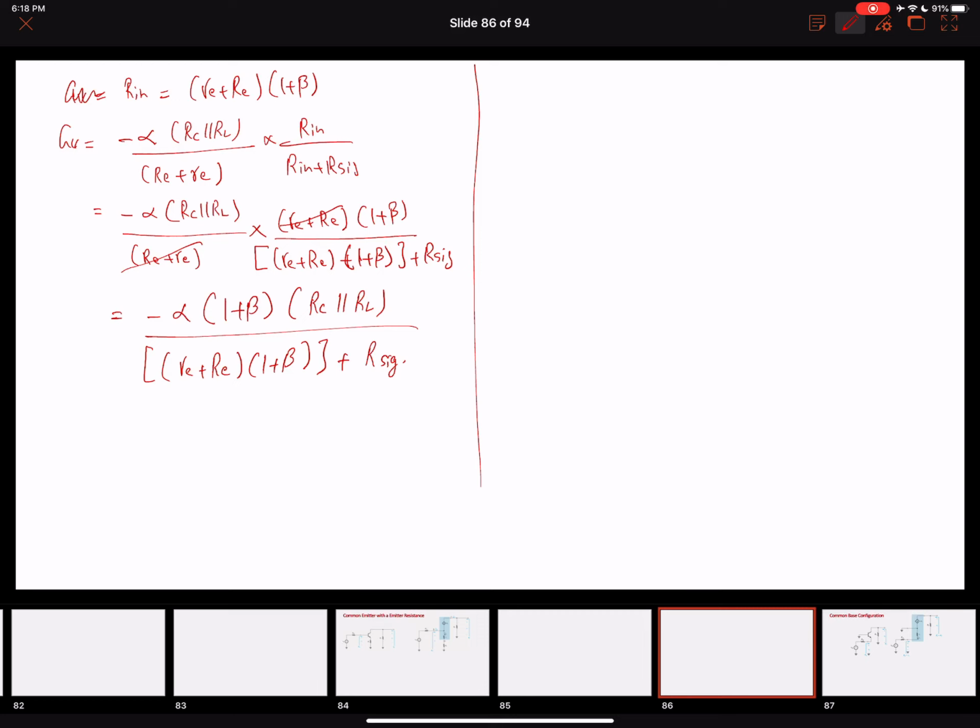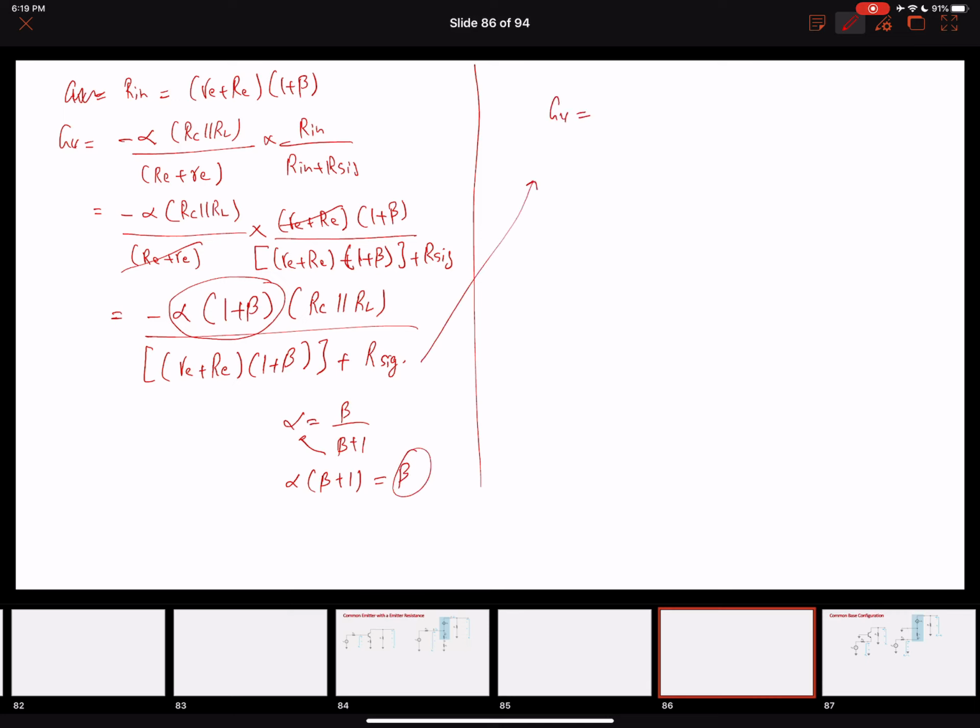I think another thing we can do is replace this. We know that alpha equals beta over beta plus 1, so alpha times beta plus 1 equals beta. This will be a simpler expression.